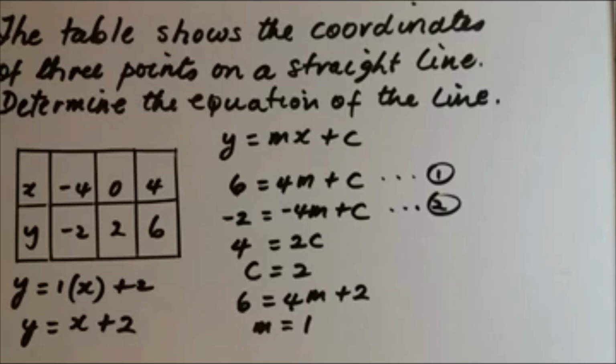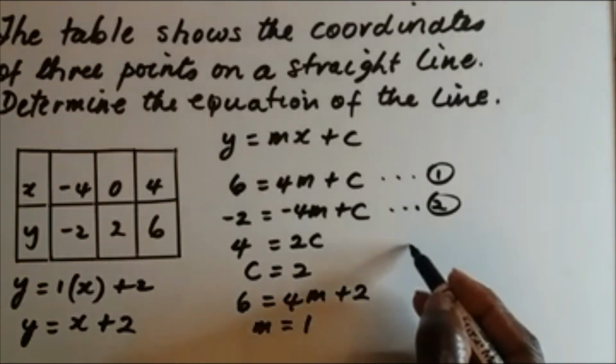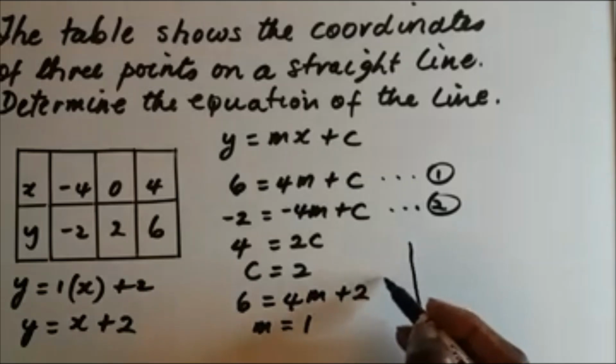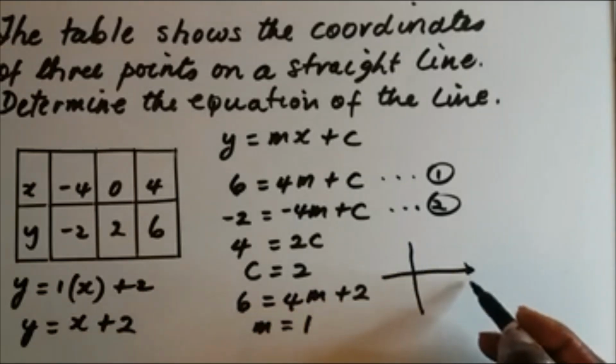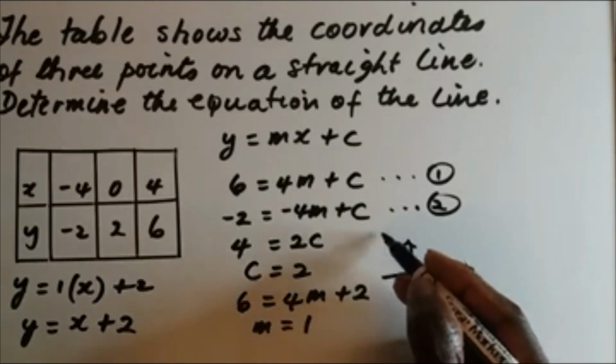I'd like to make an observation about gradients. If a gradient is positive, then it makes an acute angle with the x-axis. So just a little sketch here. We have x, we have y.